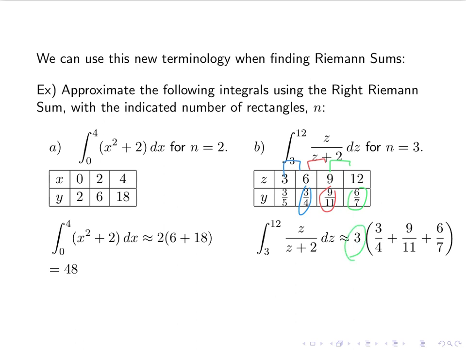So you get 3 times the quantity 3/4 plus 9/11 plus 6/7. As a full fraction, it's 2241 over 308. It's approximately 7.276, and it's not equal. This is the exact value, and this is an approximation of our approximation.